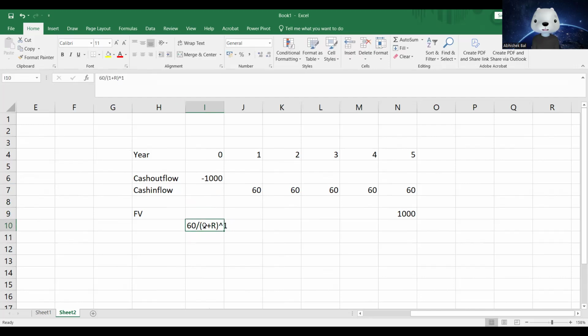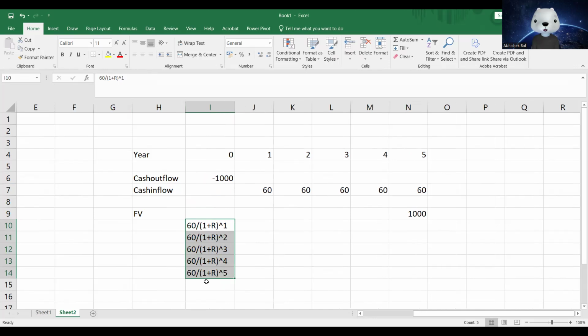Of course, you can understand that this can continue for all the 5 periods. And finally, we can write the last cash inflows that we are going to receive as part of our.